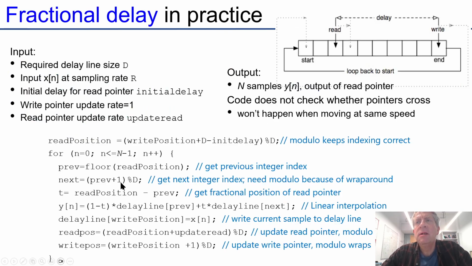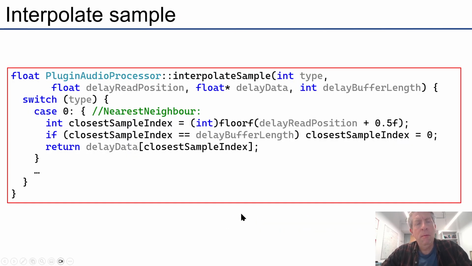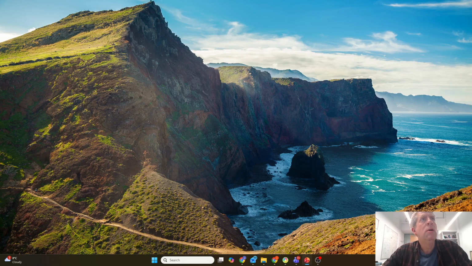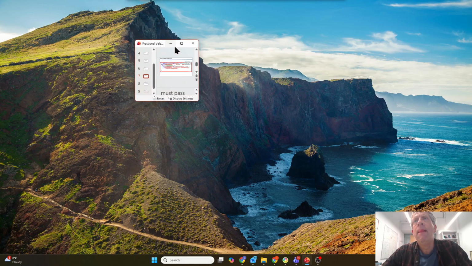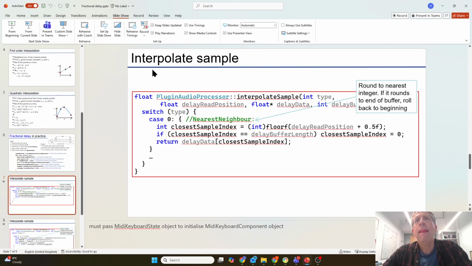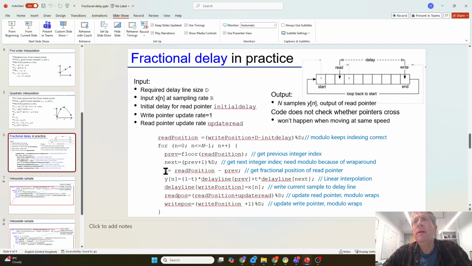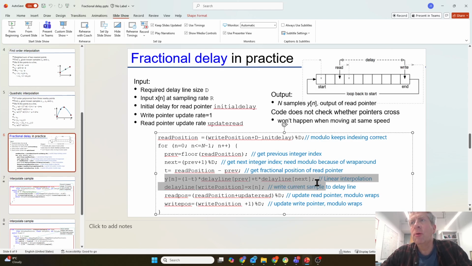Here's where we do linear interpolation. This is the line where the linear interpolation is done. If you recall, y of n equals 1 minus t times the delay line of previous plus t times the delay line of the next. And this is going to give us the value that we're most interested in.